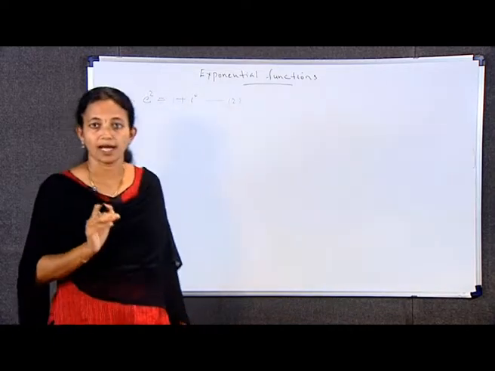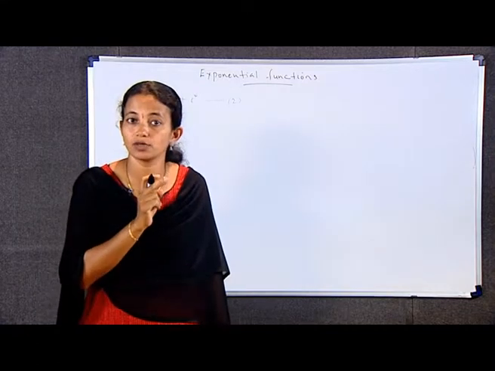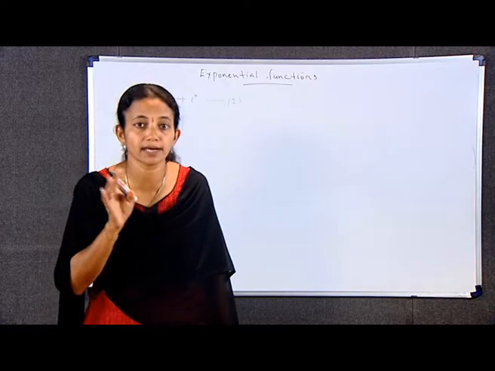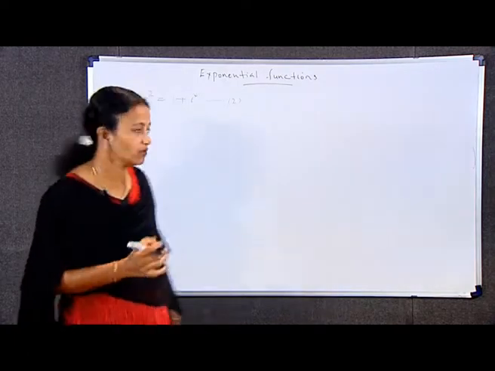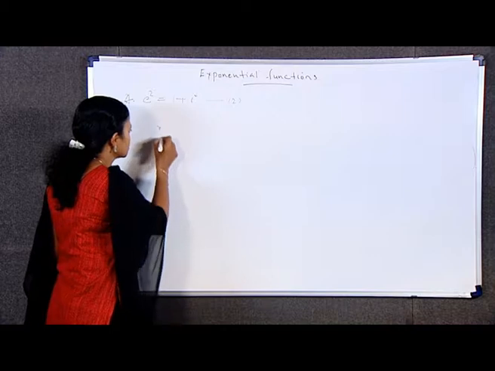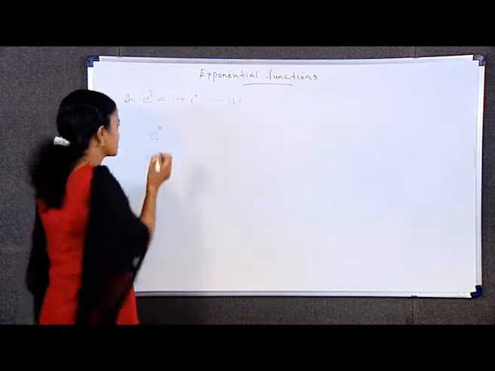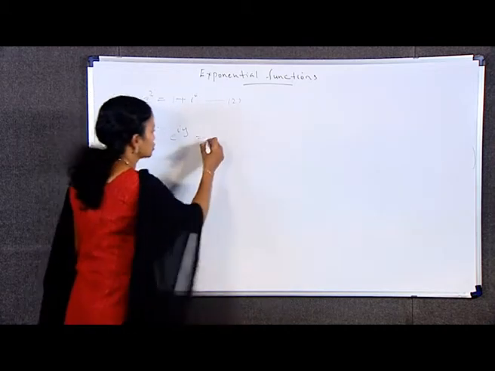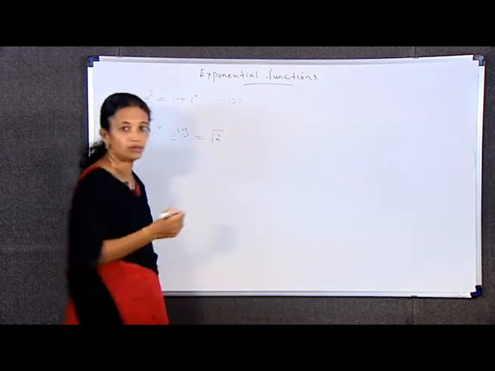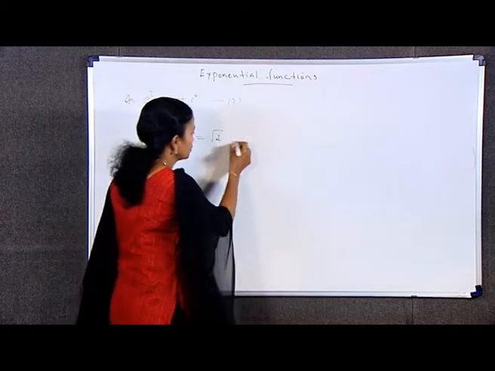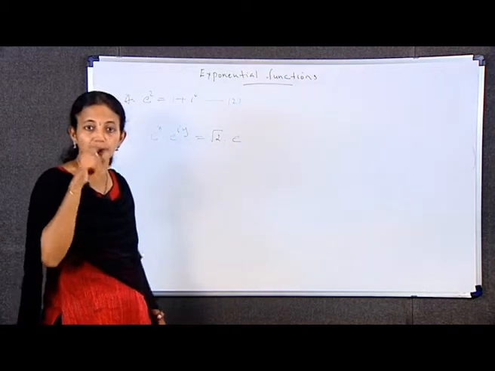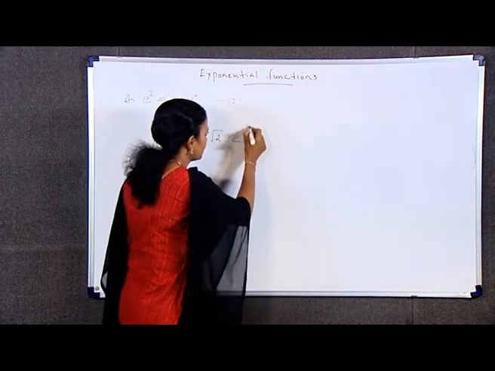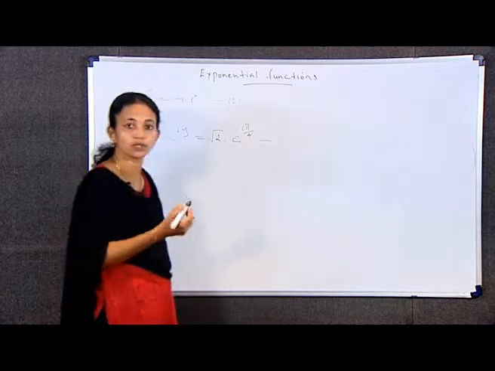Noting that 1 plus i is equal to square root of 1 square plus 1 square into e raised to tan inverse 1 by 1, we can write e raised to x into e raised to iy is equal to square root of 2 into e raised to i pi by 4. Mark it as equation number 3.